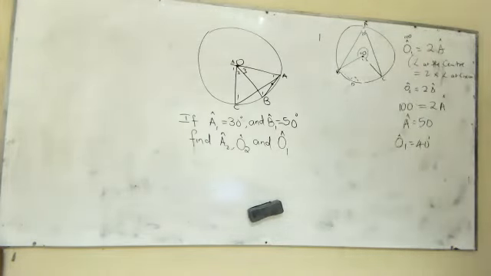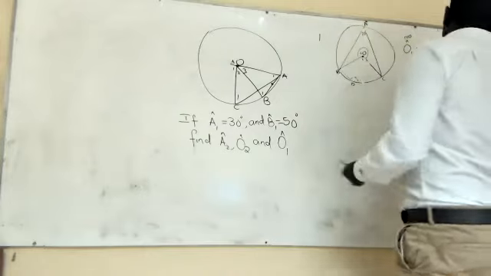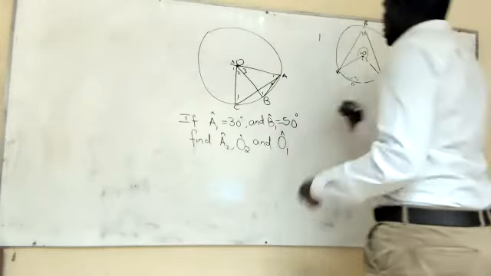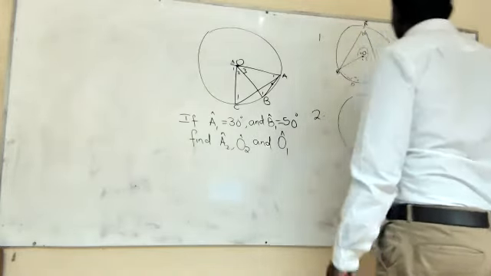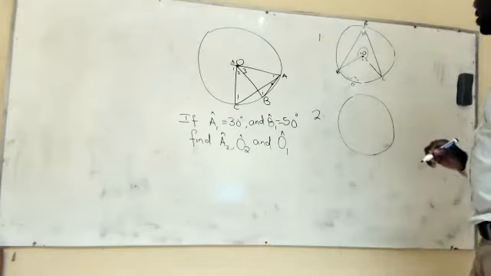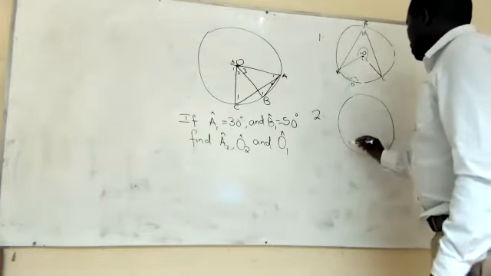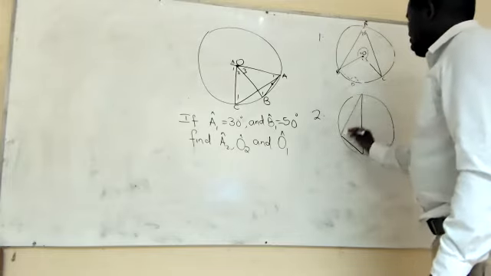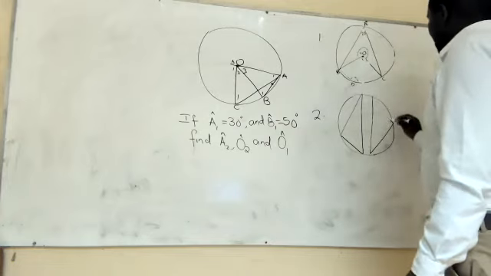Can we go to theorem number 2? Yes. All right. Let me introduce theorem number 2 just now, which is about 2 triangles. You can see we are dealing with 2 triangles inside the circle. So now, let's say we have this triangle here, and then another triangle.